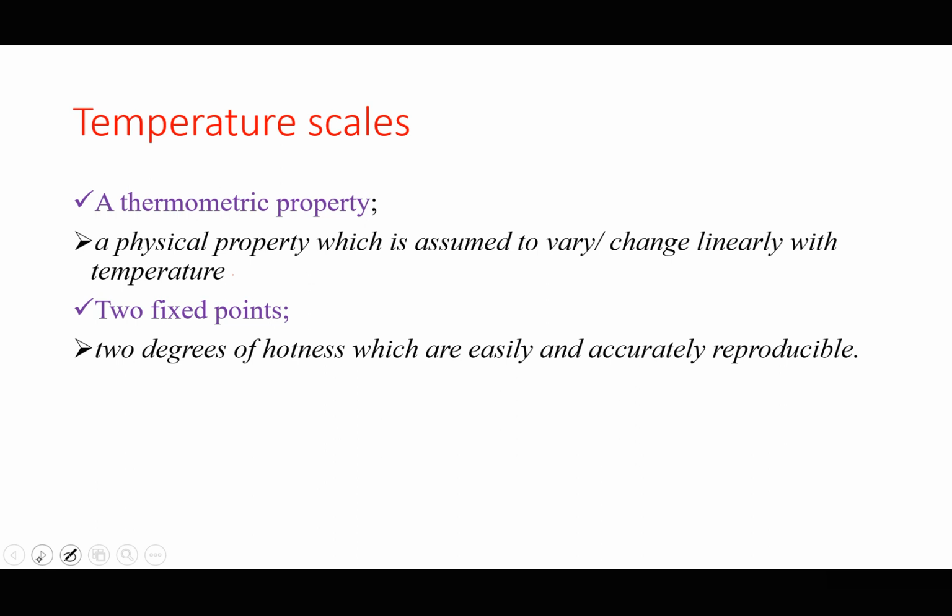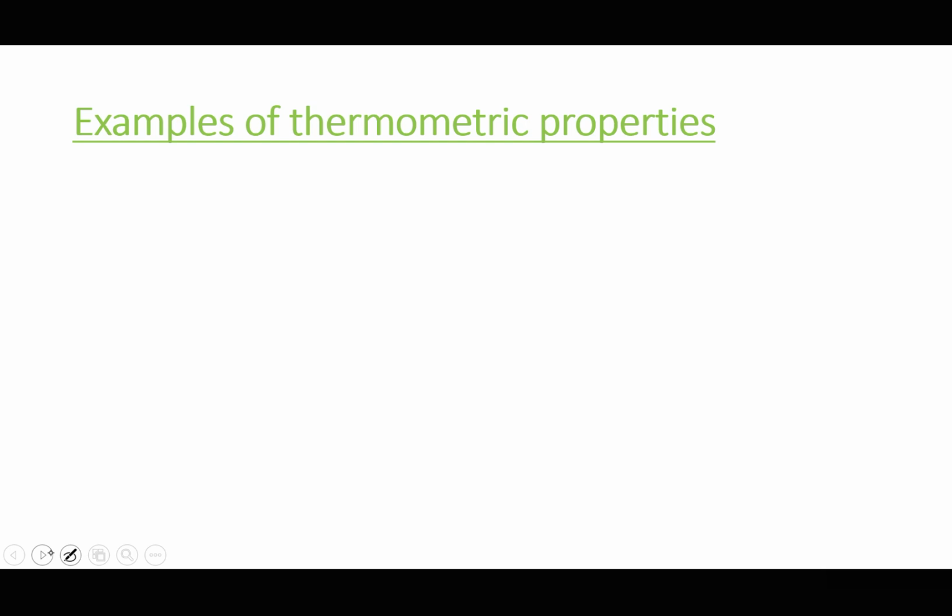What are some of the examples of these thermometric properties which vary linearly or are assumed to vary linearly with the temperature? Number one, we have the volume of a liquid or the length of a liquid column.